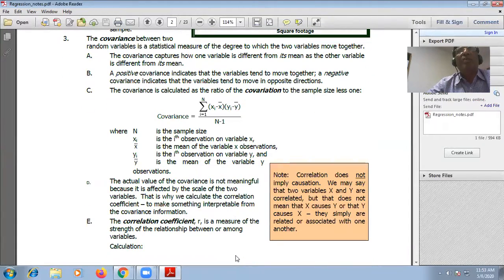And what is the correlation coefficient? You are relating some variables, so you are finding the correlation between the variables.